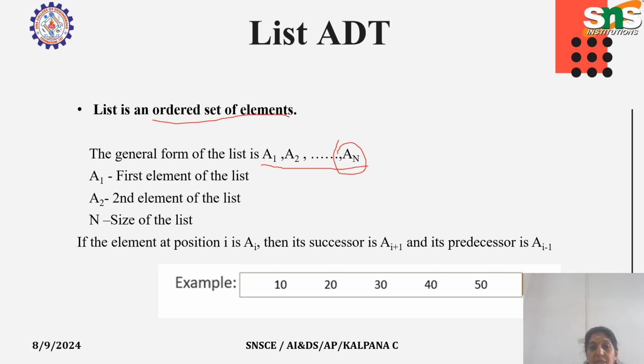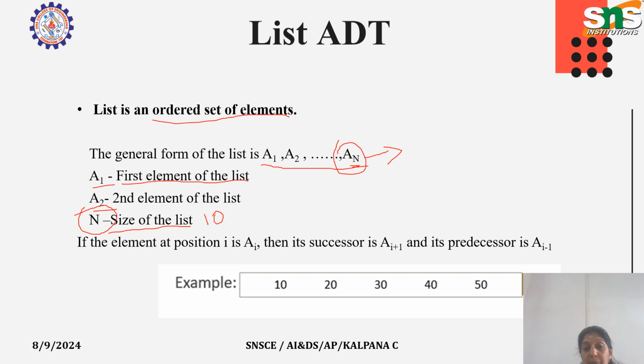A1 is the first element of the list, A2 the second element, and AN the last element in my list. The capital N represents the size of the list. For example, if my list contains 10 elements, then N will be 10. So capital N represents how many elements it contains.